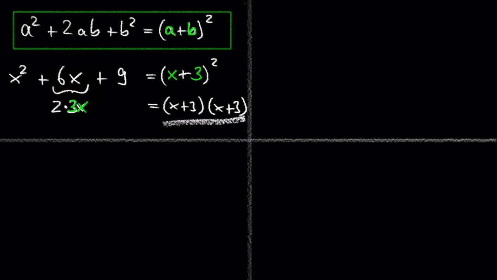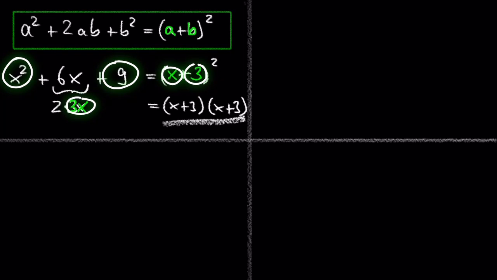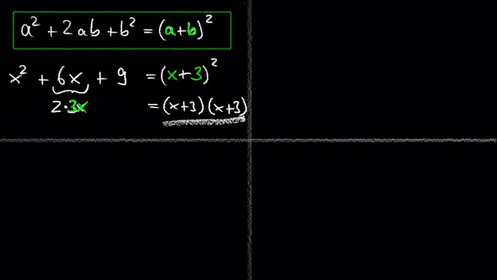Again, first take the square root of a squared and b squared, and then check if 3x is the half of 6x. Indeed, 3x is the half of 6x, so we have a perfect square trinomial with the factors x plus 3 and x plus 3. Let's do another example. x squared plus 10x plus 25.